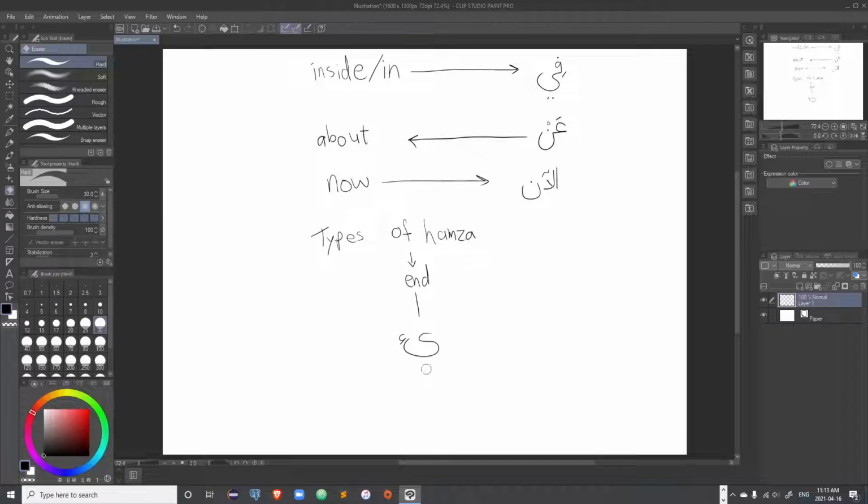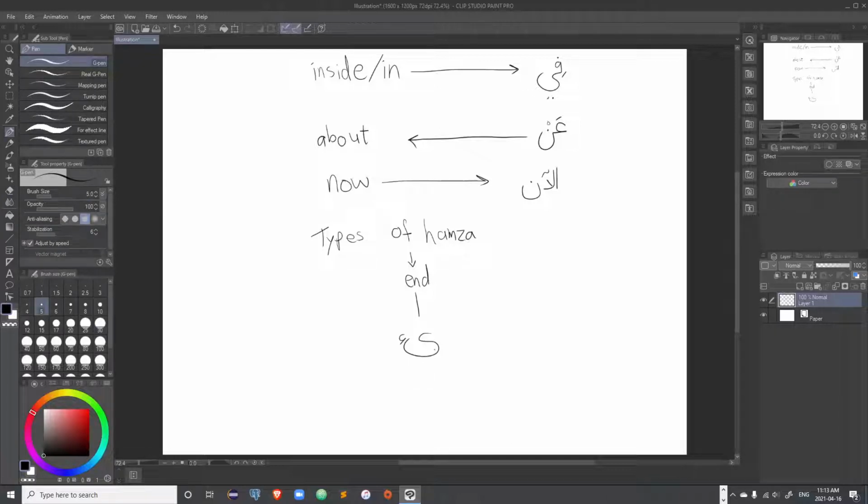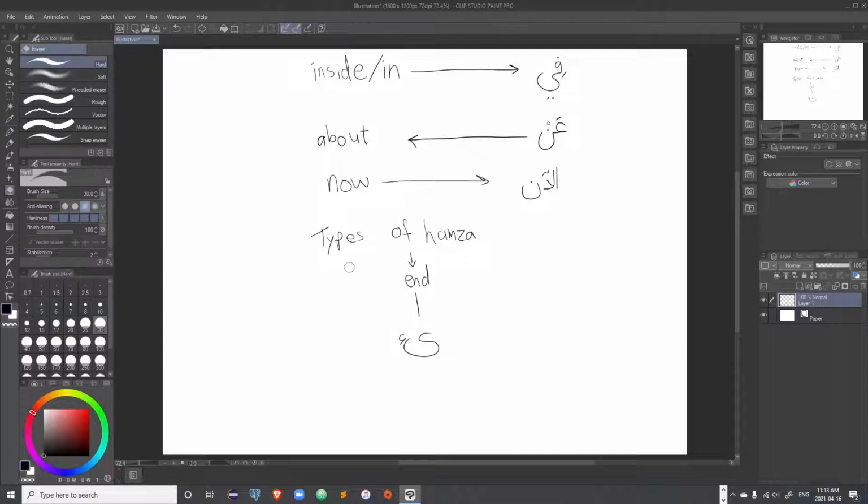They are both correct, because like I said before, dots were added later on. They were never part of the Arabic language in the beginning.